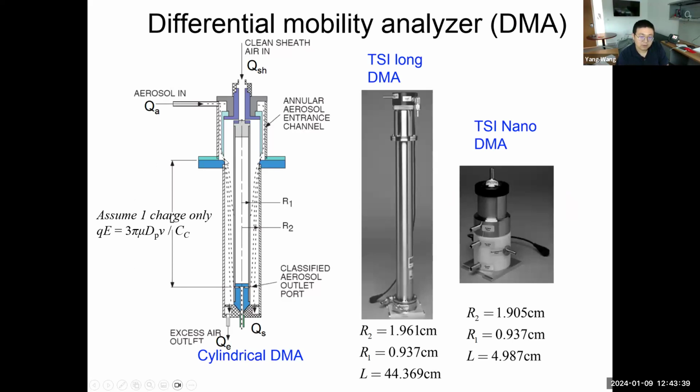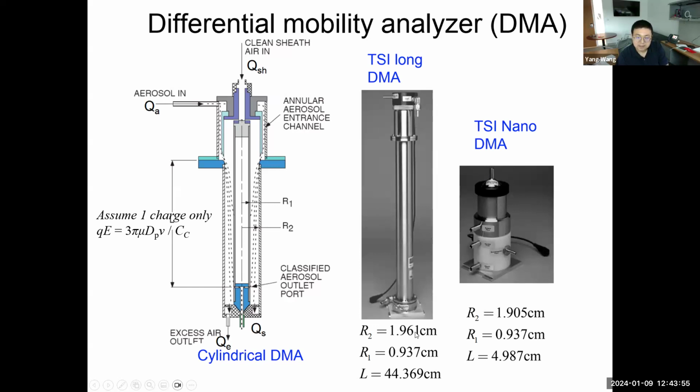Again, smaller particles will move faster towards the center electrode, and larger particles move slower. Now I'm showing you two pictures of the DMA system that are commercialized by TSI.